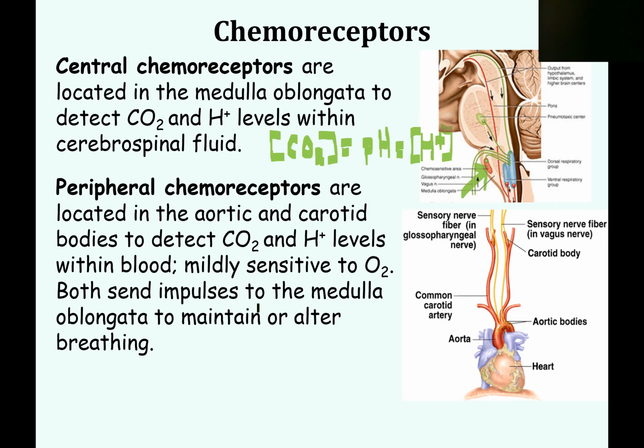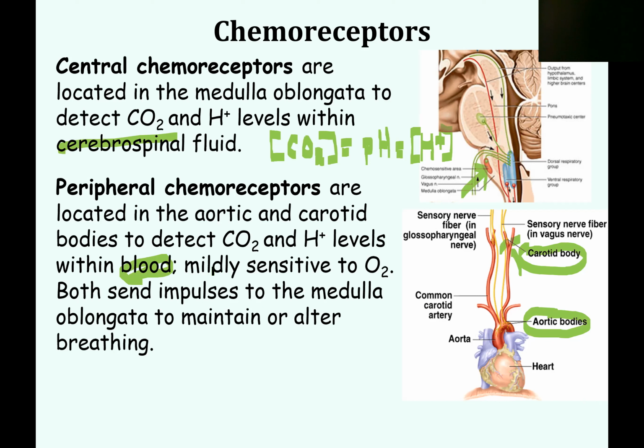The peripheral chemoreceptors are the ones monitoring blood, and that's in the aortic bodies, down in the aortic arch, and the carotid bodies in the carotid sinus, right there at the distal end of the common carotid artery, where it branches into the internal and external carotid arteries. Again, detecting carbon dioxide and hydrogen ion levels, this time in blood rather than cerebrospinal fluid.